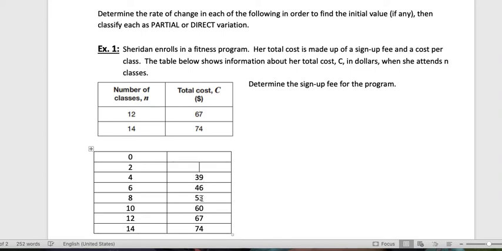Taking 7 away from the number below, when x is 0, our y value is 25.